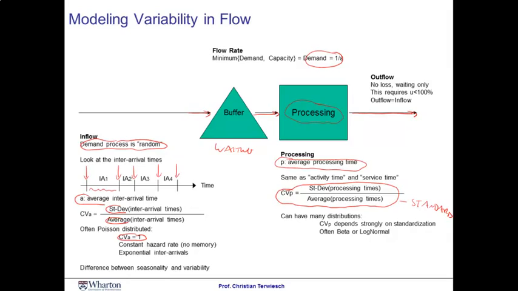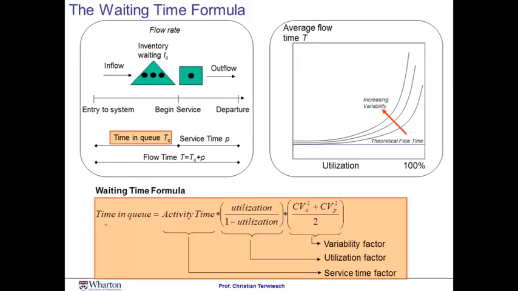Again, this is something that you would have to measure as you go into the analysis that we're about to do. You just collect a bunch of processing times, put them in Excel, and compute the standard deviation and the mean. Equipped with all of these definitions, we're now ready to compute the time in the queue.